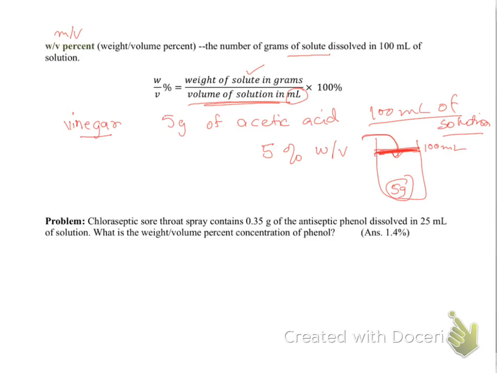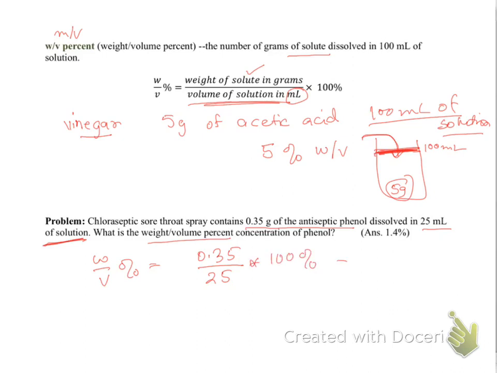So look at the next problem. Chloraseptic sore throat spray contains 0.35 grams of the phenol dissolved in 25 ml of the solution. What is the weight by volume percent? So weight by volume percent, on the top I need the weight of solute in grams, which is 0.35, divided by the volume of solution in milliliters, which is 25 ml, and then you multiply by 100 to change it to the percentage.